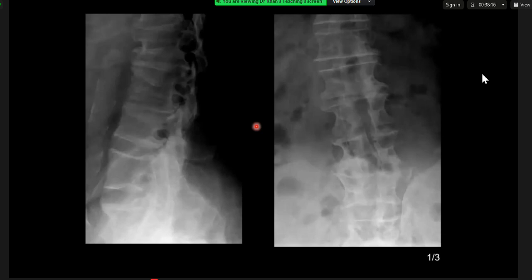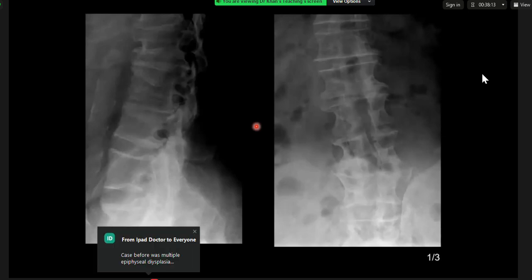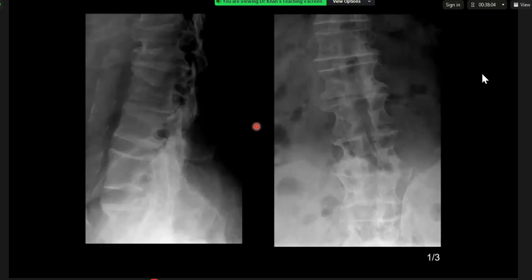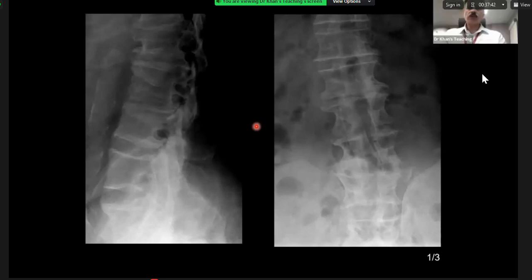On the lateral projection, the vertebrae demonstrate posterior vertebral body scalloping and some irregularity of the posterior elements. I think that's the main abnormality that I can see. So what is your conclusion?